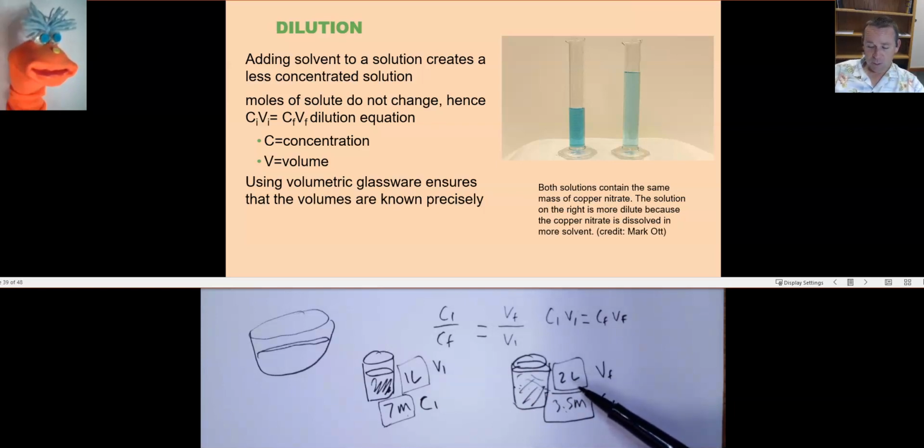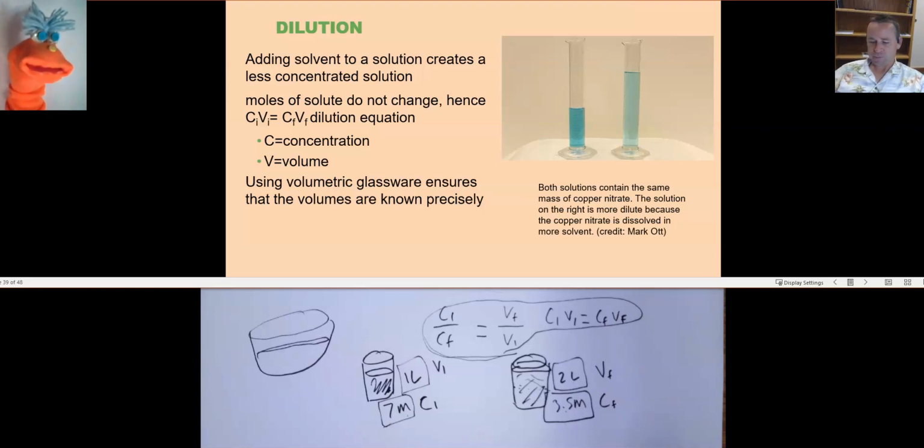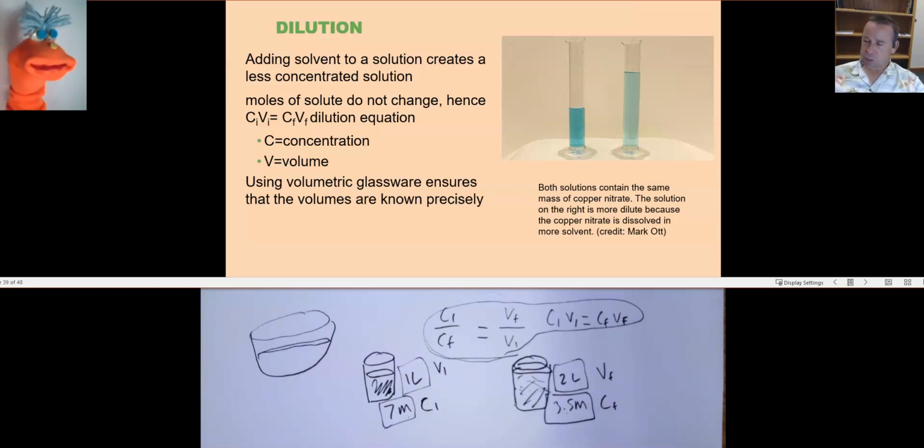Either way, both of these relationships will help you answer what we call dilution problems. So to regurgitate the dilution equation, you need to remember the time that you diluted a drink that was too concentrated and identify volumes and concentrations and then find the relationship that works.